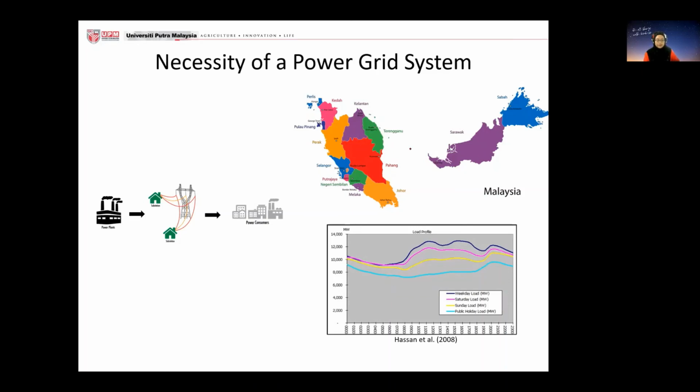And another thing, when you look at the load profile, which here means the energy requirements, in a normal day of 24 hours, you're not going to have a constant energy demand.